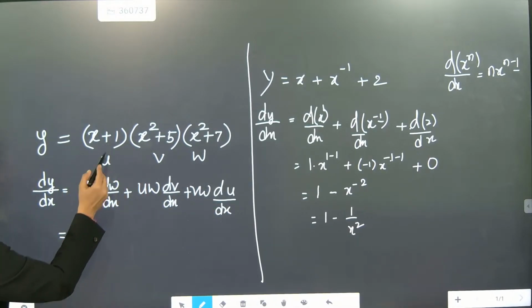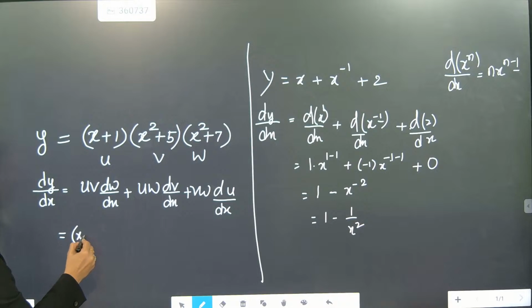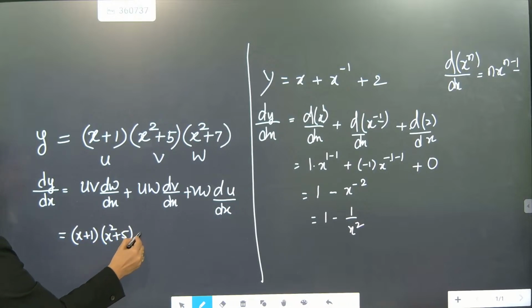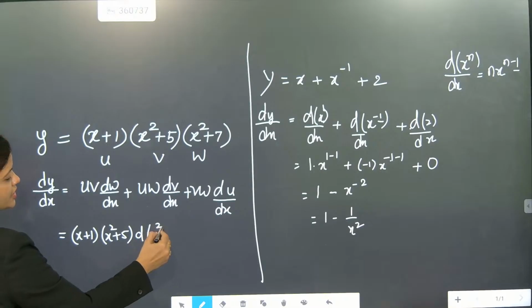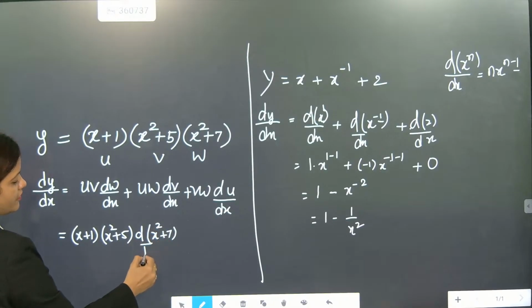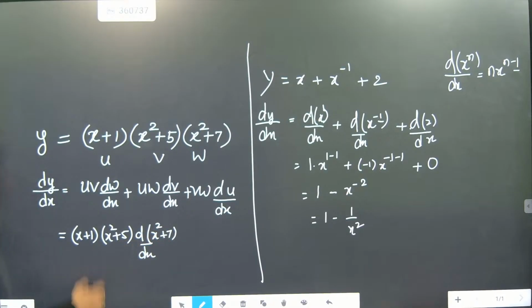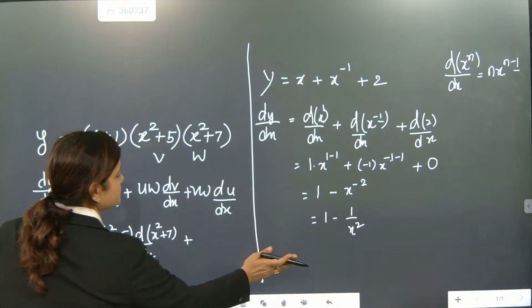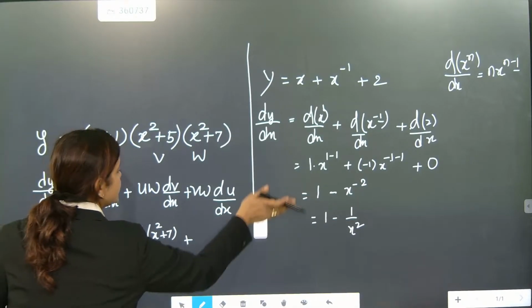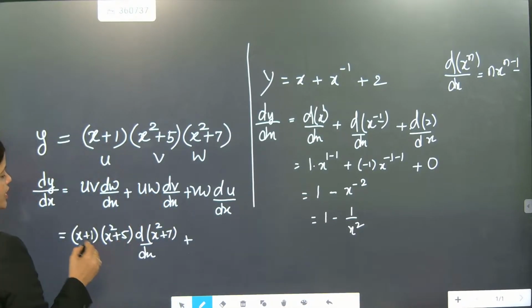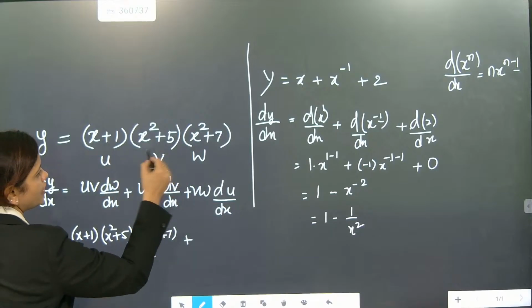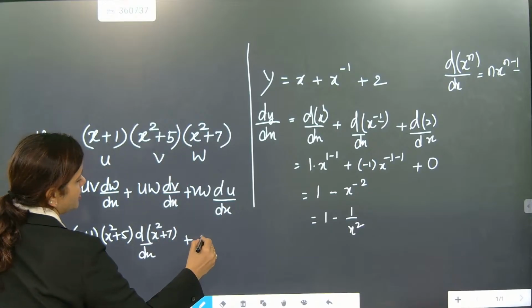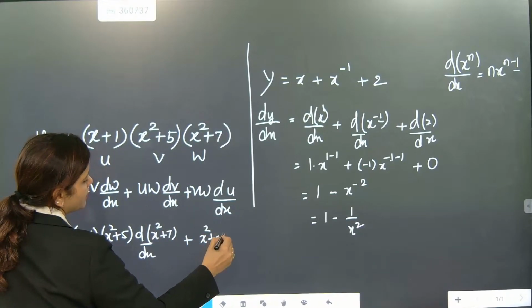So now we will leave u and v, that is x plus 1 and x square plus 5, and we will only differentiate x square plus 7 dx. This is one part over. Next part. Check very nicely. Here I am going to leave x plus 1 and x square plus 7, and differentiate x square plus 5.